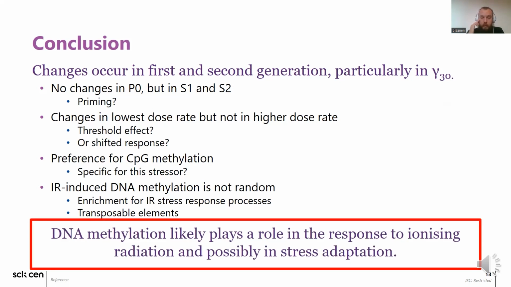Which brings me to the final conclusion that DNA methylation likely plays a role in the response to ionizing radiation and possibly to help in the stress adaptation against this stressor.